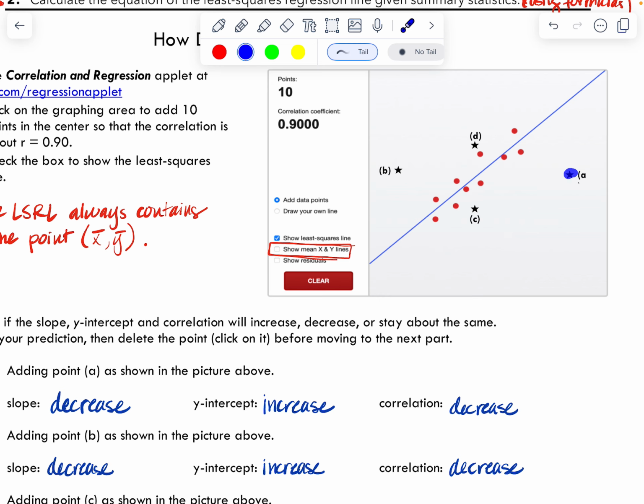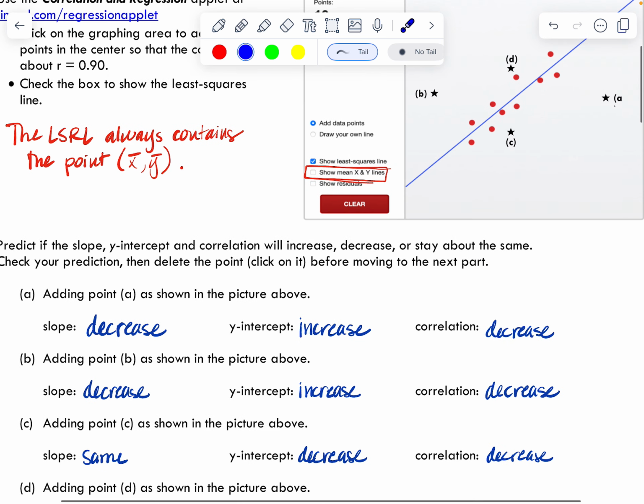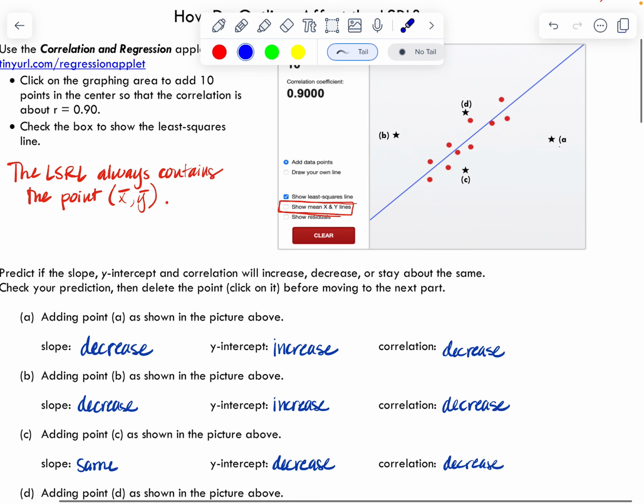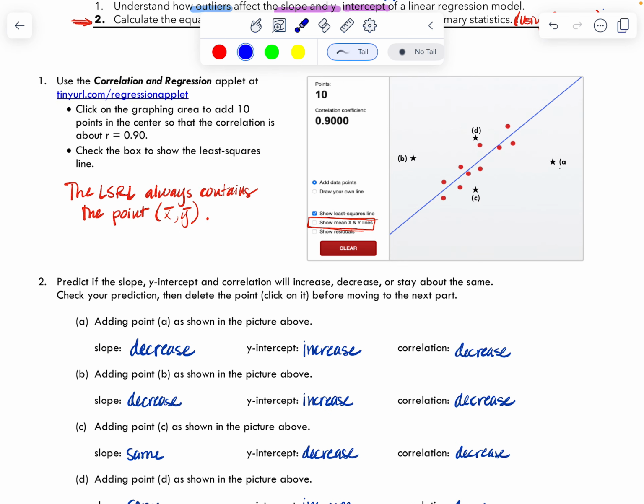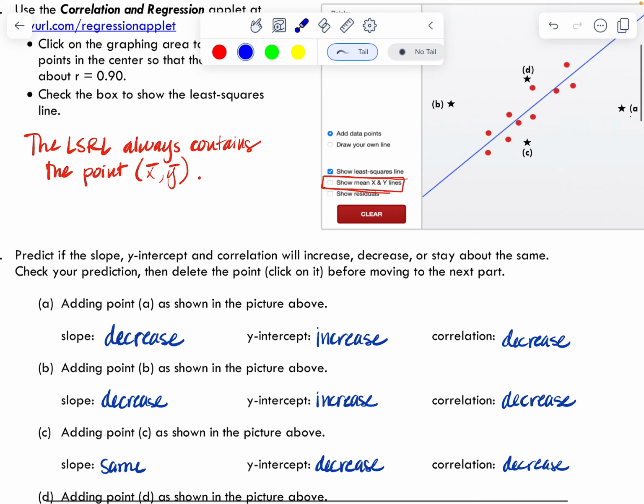They're out to the right or to the left, on the right end of the data or the left end. C and D are what we would call more vertical outliers. They have really large residuals. A and B have large residuals also, but A, B, C, and D are going to change our slope. If you work the activity, you would see that it changed the slope, the correlation, and the y-intercept.